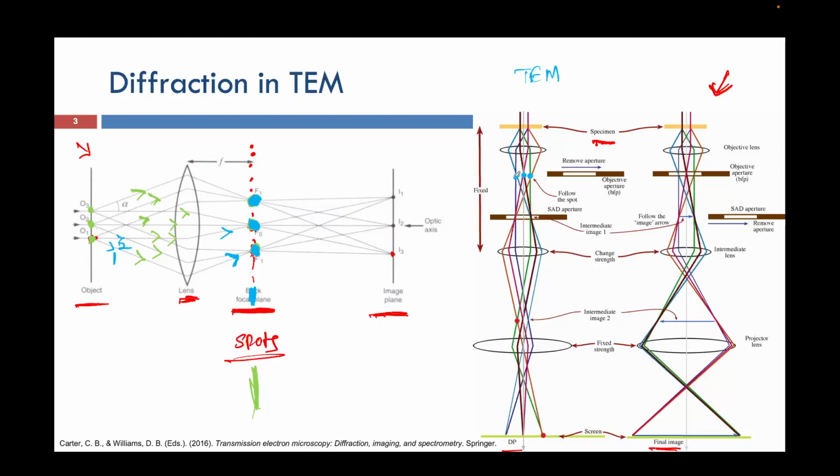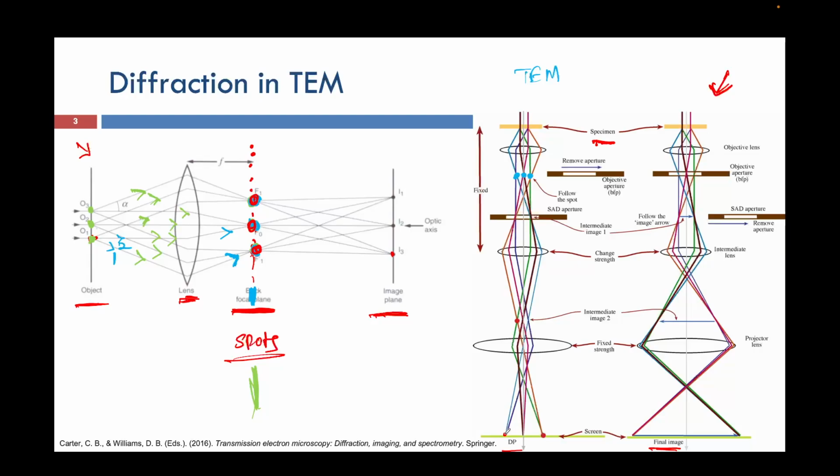We put our aperture in such a way that it only allowed the rays which form these spots in the back focal plane of the objective lens.